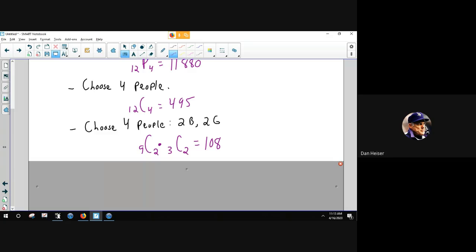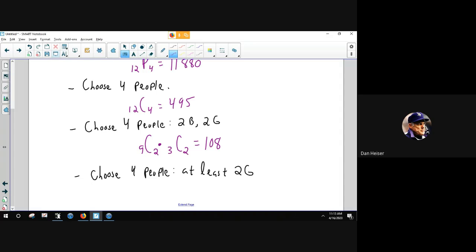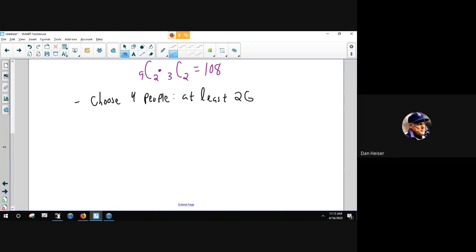One more problem to look at with this data set. Choose 4 people. Now it says at least 2 have to be girls. So let's look at our possibilities. We could have 2 boys, 2 girls.